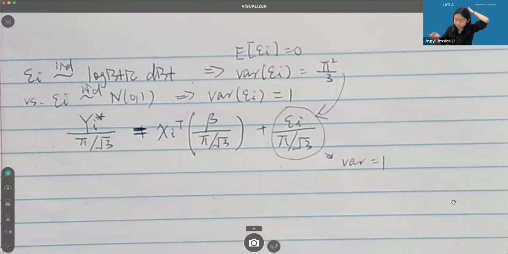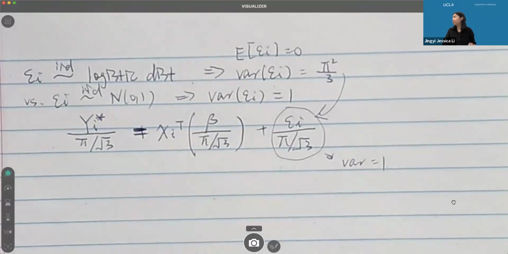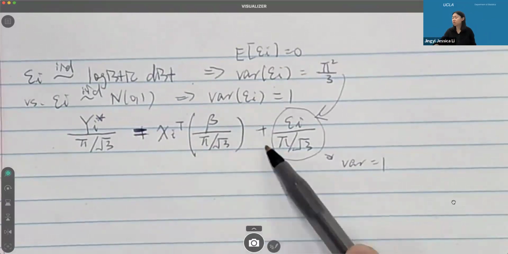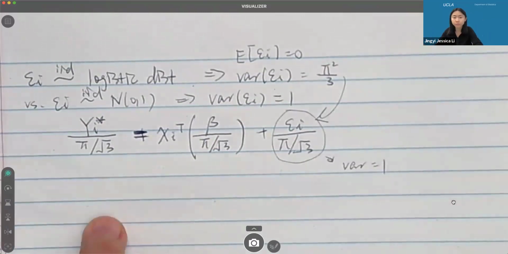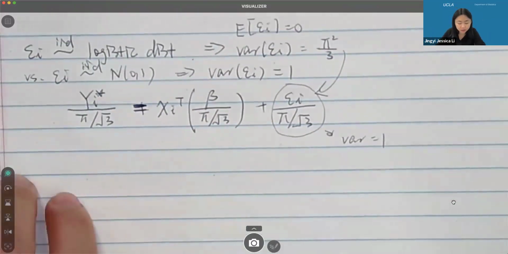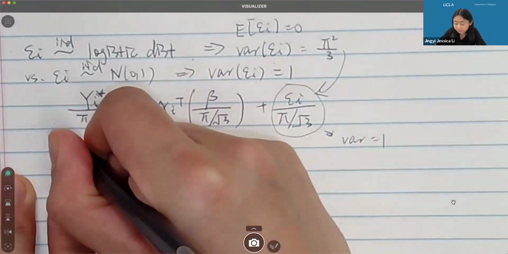What I'm trying to say is that if you want to compare the beta coefficients you obtain from this second formulation, the logistic distribution formulation, versus the normal distribution formulation for the error term, we need to normalize the coefficient by dividing by the factor so the error terms are on the same scale. That's very important.